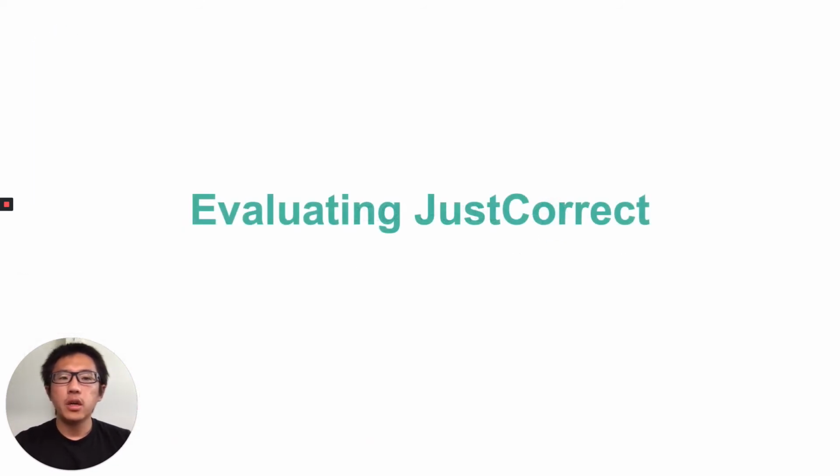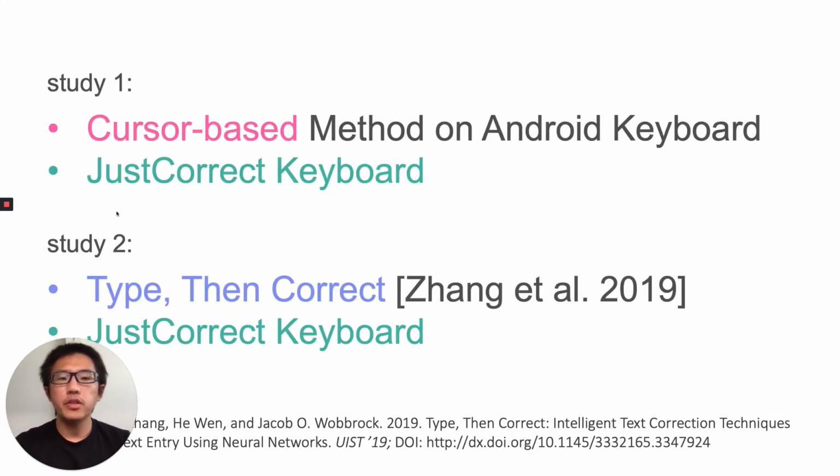We conducted a controlled experiment to evaluate the JustCorrect keyboard in a post-hoc text correction task. The first study compares the JustCorrect keyboard with the stock Android keyboard with the cursor-based method, and the second study compares the JustCorrect keyboard with the recently published Type, Then Correct.